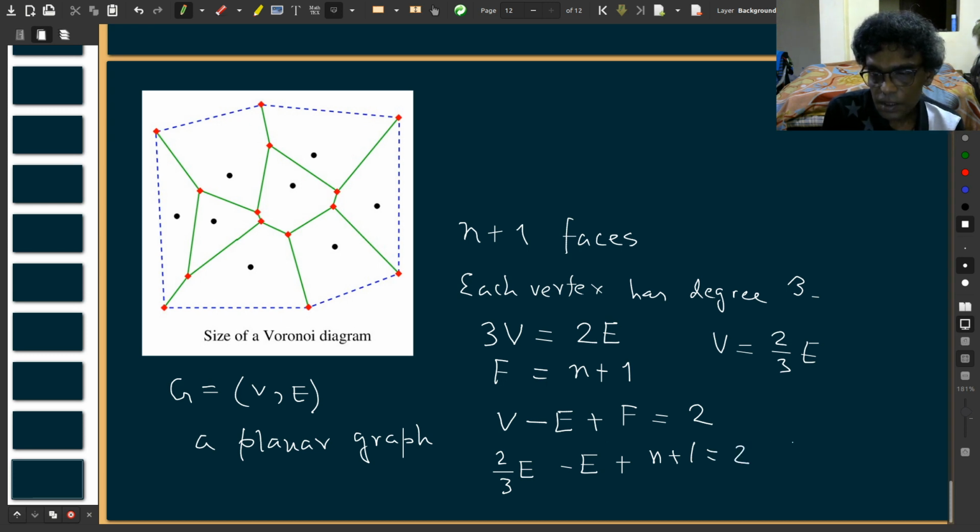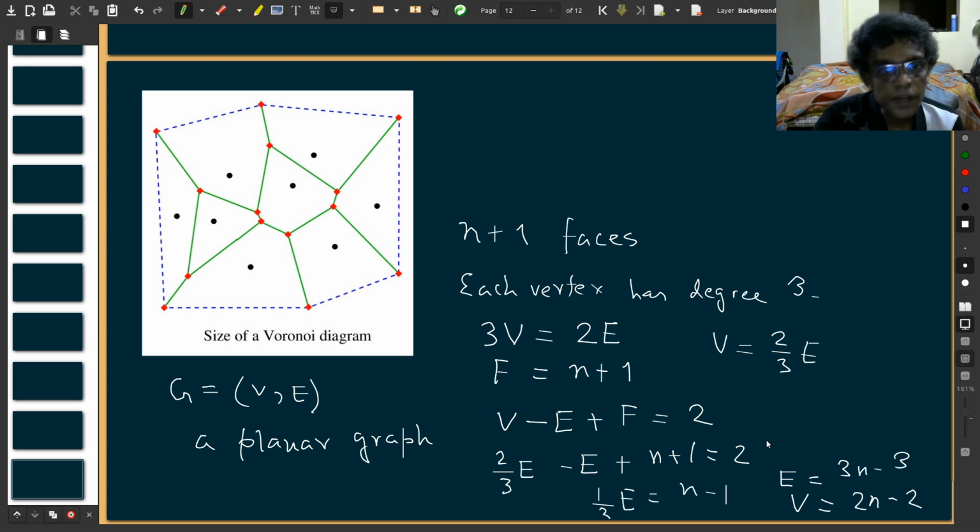So this gives me minus 1/3 E, moving it to the other side, 1/3 E will be n plus 1 minus 2, that is n minus 1. So E will be 3n minus 3 and V will be 2n minus 2.